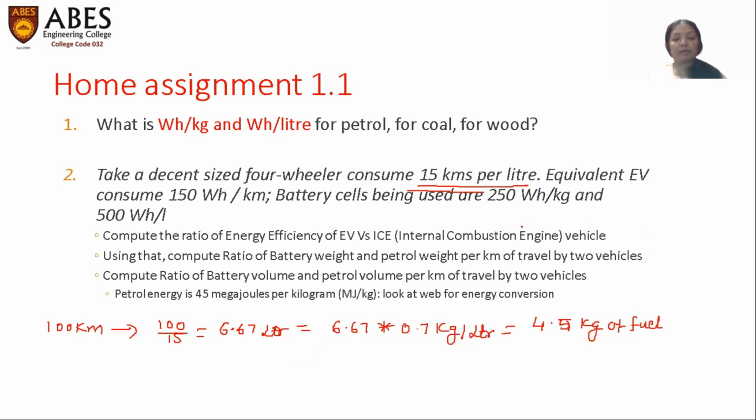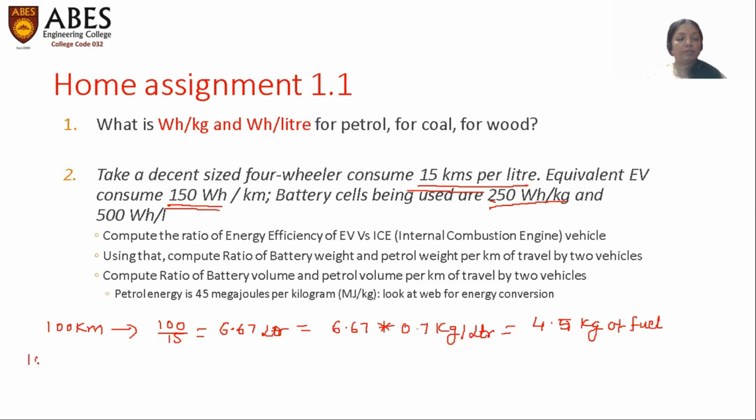Now, if I compare how many kilograms are required for a battery, per kilogram 250 watt hours can be generated. And for 1 kilometer, how many watt hours are required?